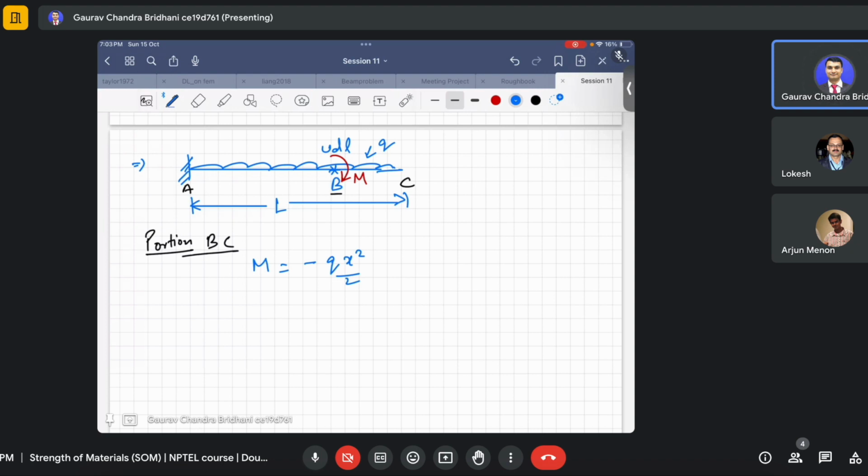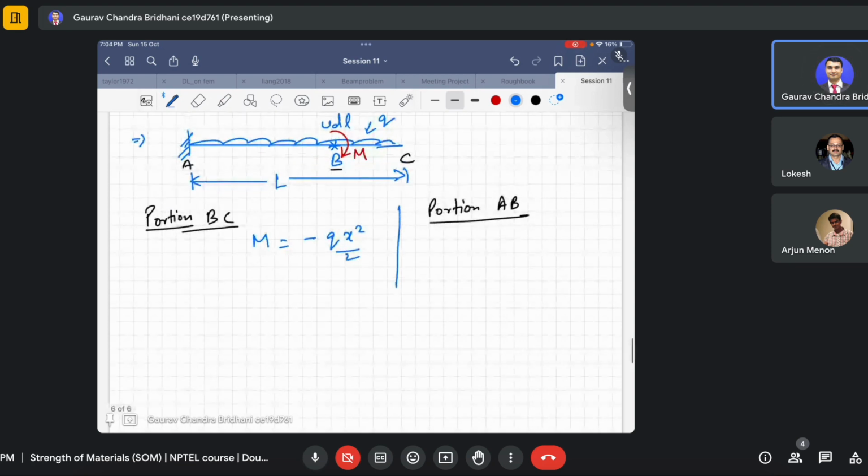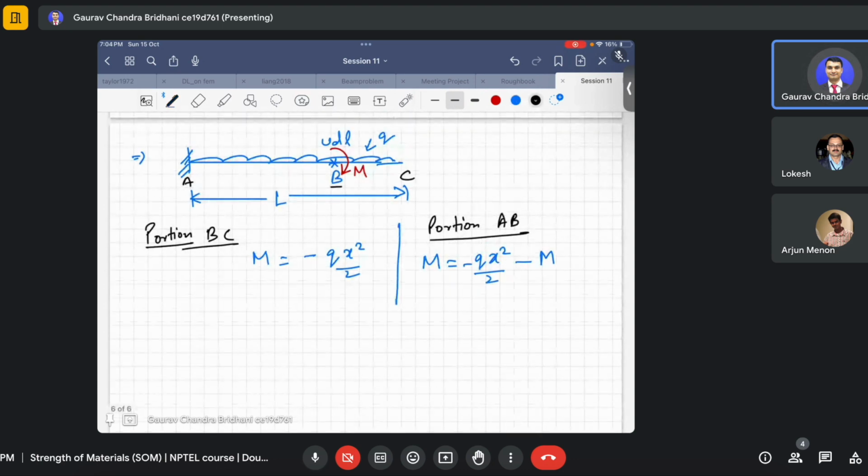And for portion AB, M is q minus q x square by 2, and this minus m is also there, okay, it adds up. Now I have to check where I am considering my origin, because origin is very important. So this way and this way, I am considering my origin here, this is the 0 0 origin, okay. So whether I have written correctly or not, we have to check.